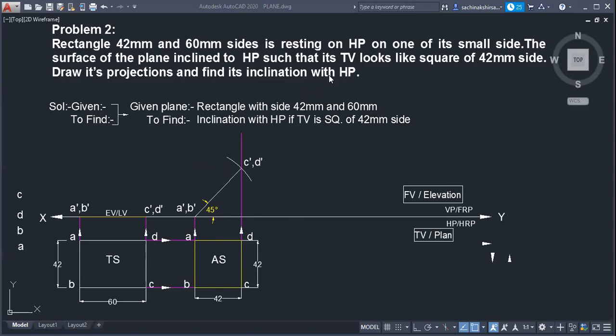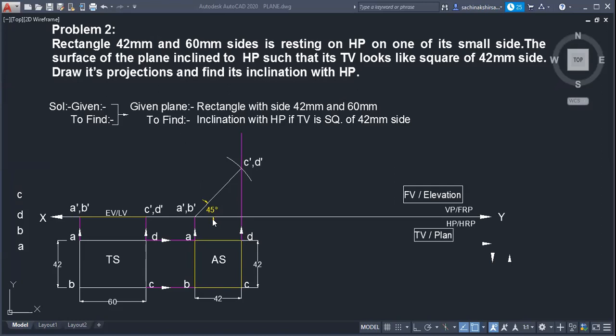Whatever it was asked, you can write below. Inclination with HP, how much did we get? 45. Whatever you got, if at all you got 46 or 44, we treat it as 100% correct. 1 degree we can accept.